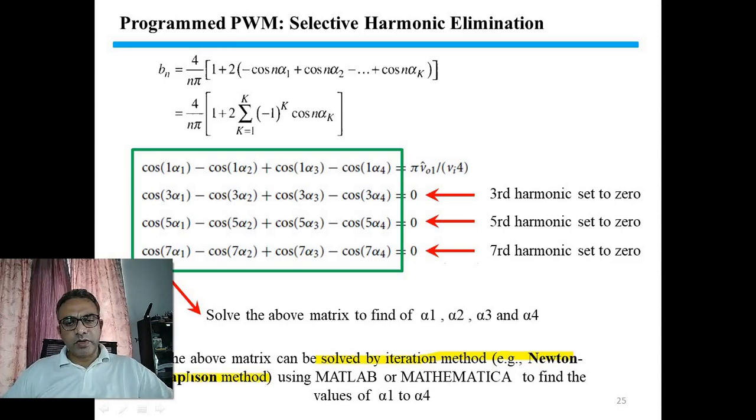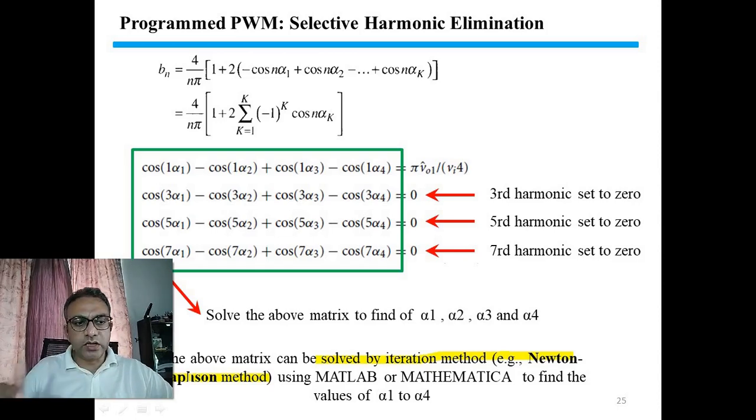Now please remember that Newton-Raphson is only one technique. We can employ many optimization algorithms to solve for the switching angles. For example, we can apply genetic algorithm optimization, or the PSO method, for finding the best solutions for alpha 1, alpha 2, alpha 3, alpha 4.